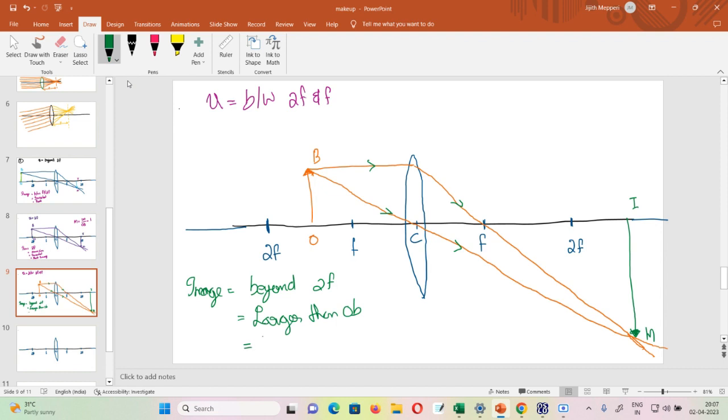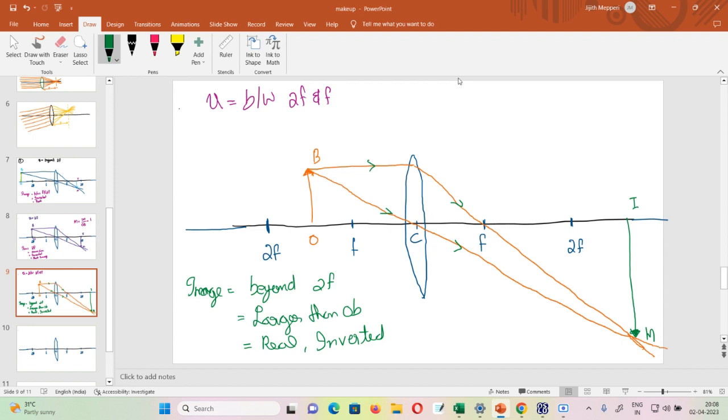It will be real and inverted. So this is the condition when we are placing our object between 2f and f.